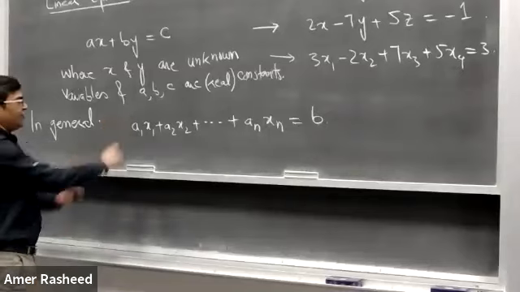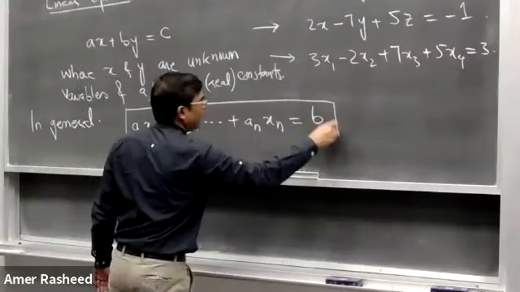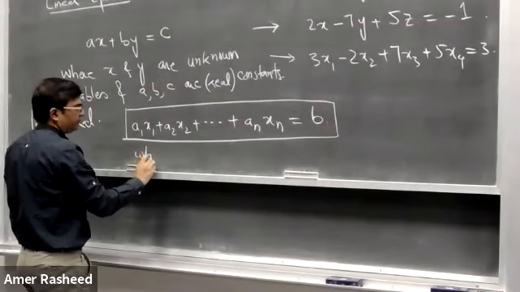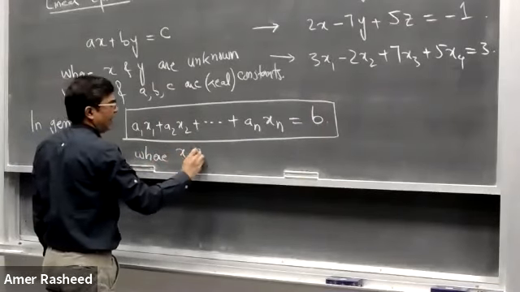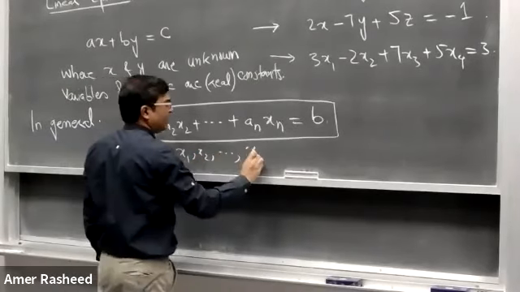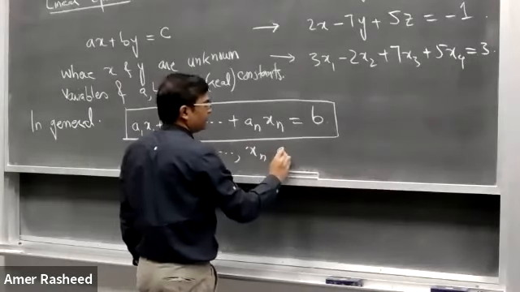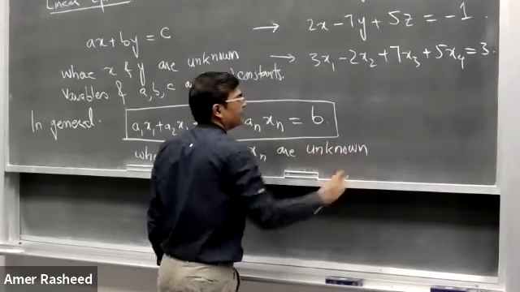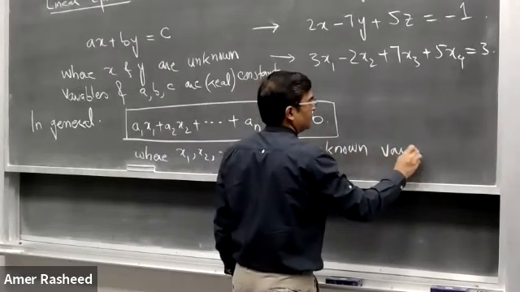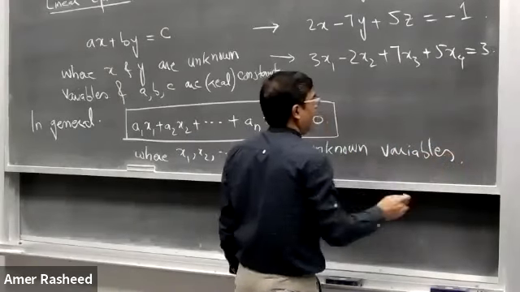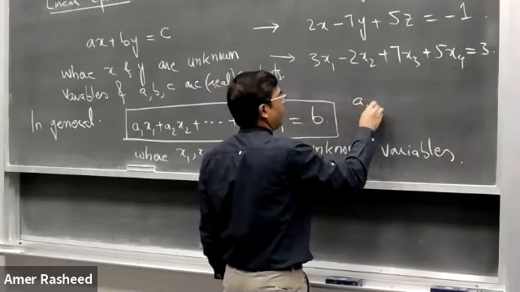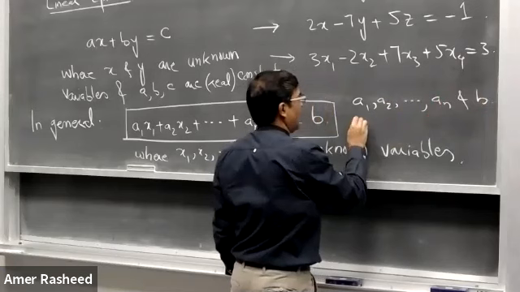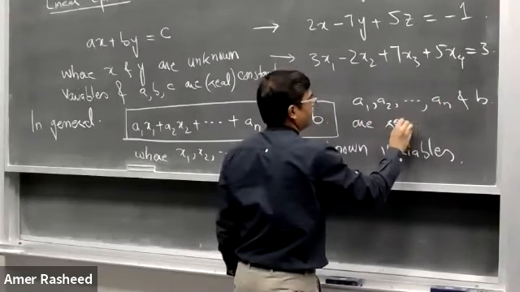So this is the general linear equation in n unknowns, where x1, x2, so on, xn are unknown variables, n unknown variables, and the other things a1, a2, so on, an and b are real constants.